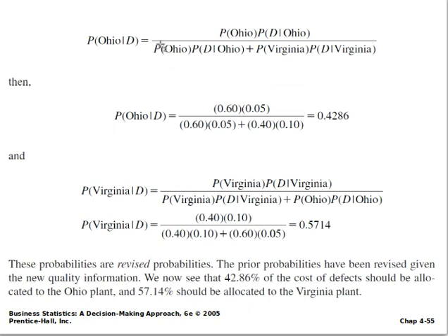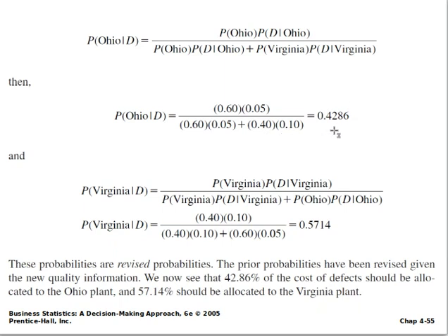So, given this formula, we then substitute the values: 0.6 times 0.05 over 0.6 times 0.05 plus 0.4 times 0.1.